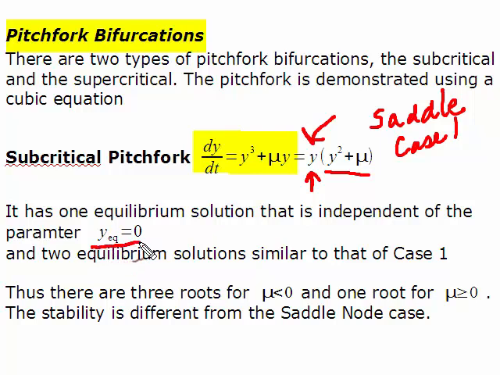So from this, we have an equilibrium value, y equilibrium equal to 0, is independent of the parameter. It is a straight line on that bifurcation diagram. And then you have the two equilibrium solutions that are similar to the case 1, similar in their value, but not in their stability. The stability is different.